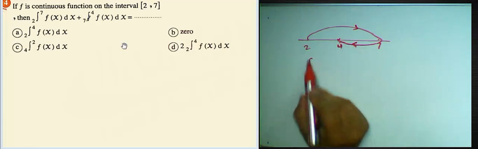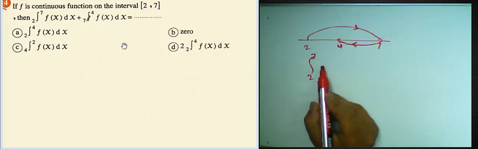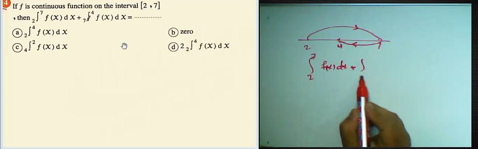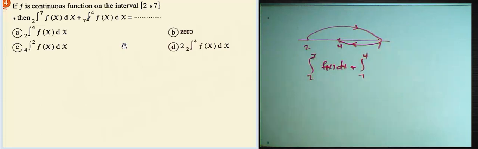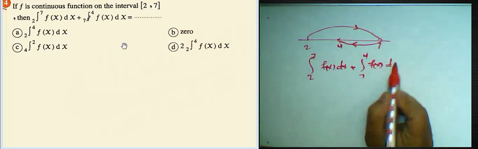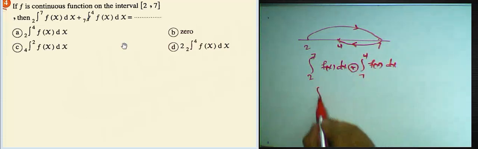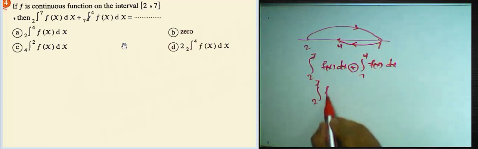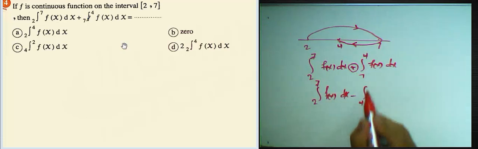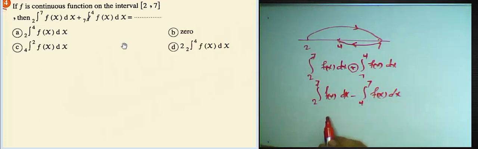We want to find the integration of this function, f of x dx from 2 to 7, plus the integration from 7 to 4 of the same function. We can replace the integration and change the sign here, so we can write the integration from 2 to 7 of f of x dx subtract the integration from 4 to 7 of f of x dx. It will be what?